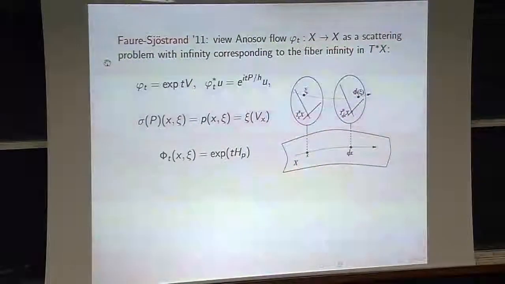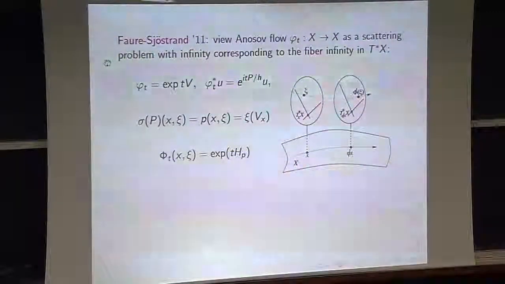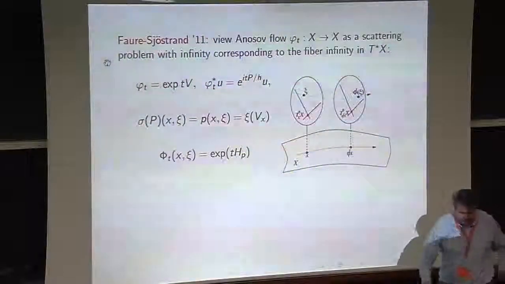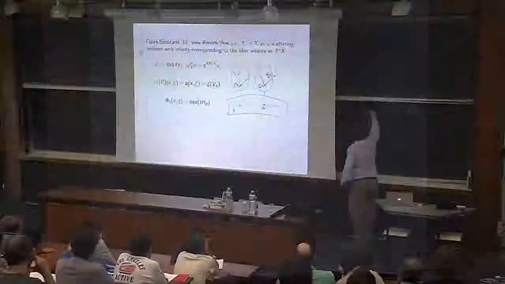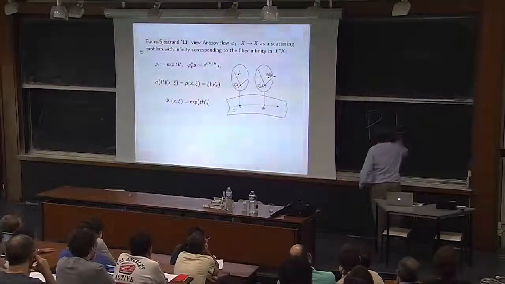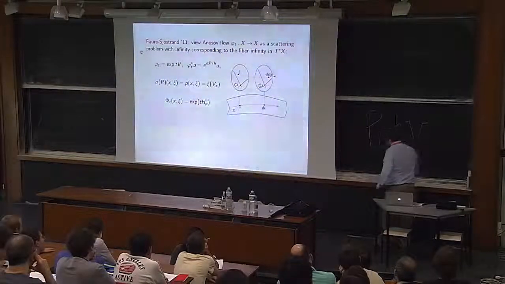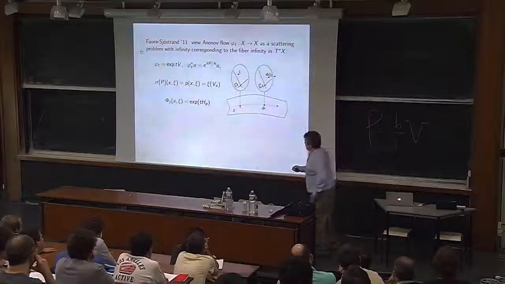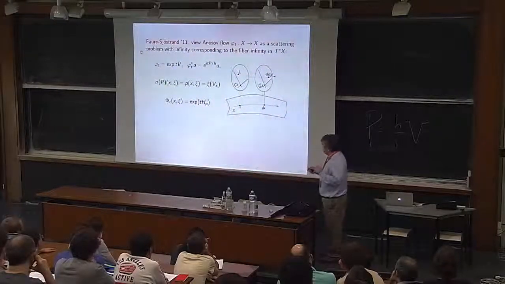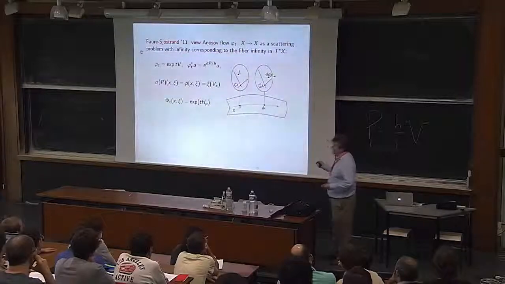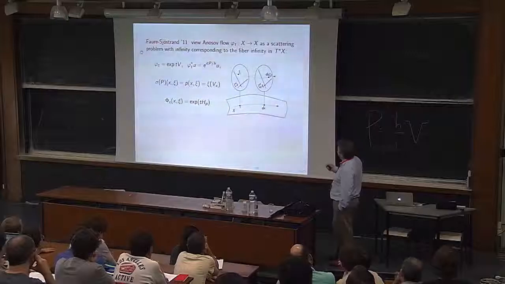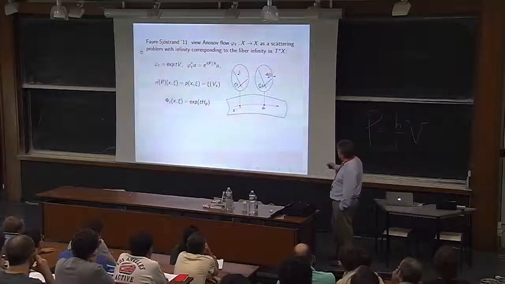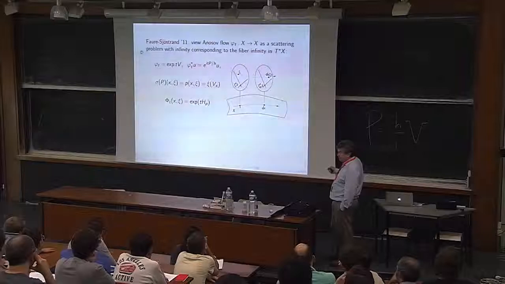The pullback by the flow is the Schrödinger operator, where P is (1/i)V, the generator of the flow. And then the Hamilton vector field of this operator is just the symplectic lift of this flow to the cotangent bundle. And then you have dual stable and unstable directions, and this is where the flow really takes place.